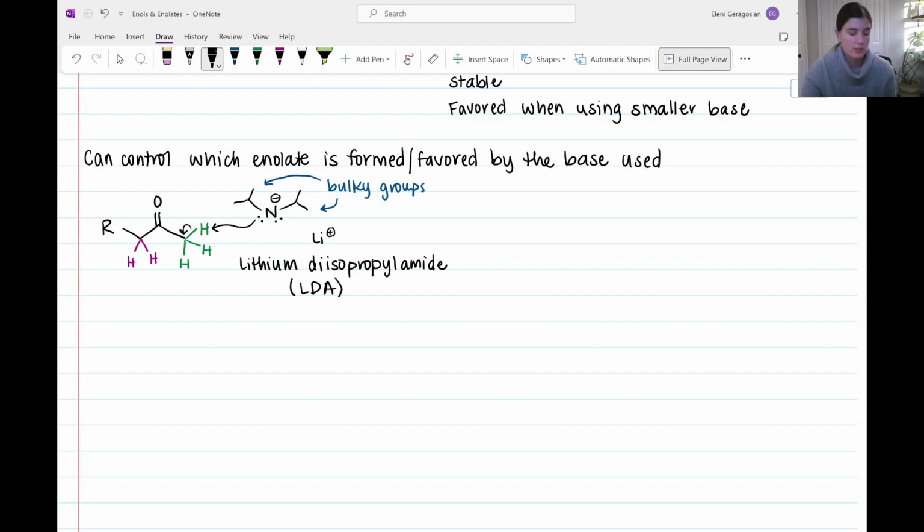We'll show the electrons going to the carbon. It's more difficult and less likely for the LDA to remove one of these hydrogens from the CH2 group because there's this R group blocking access to those hydrogens there. So the LDA will form the kinetic enolate.